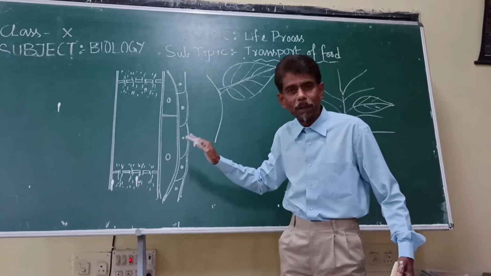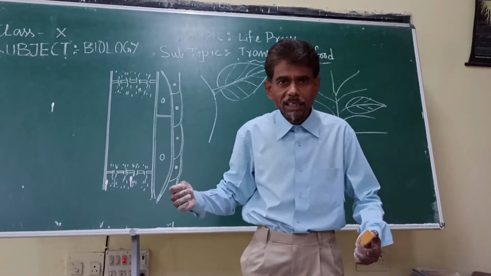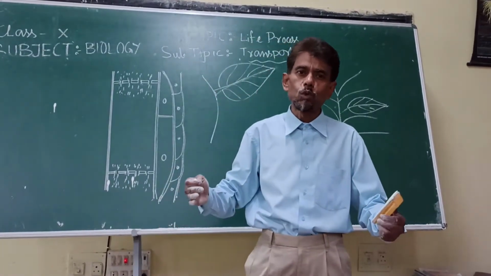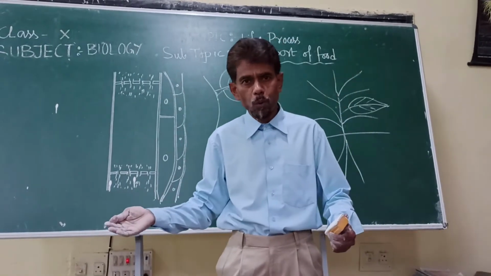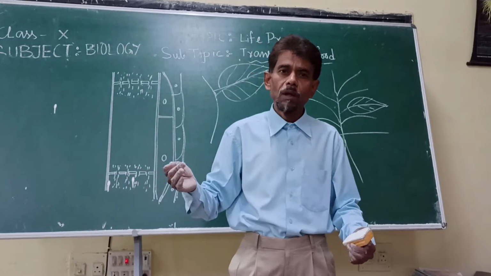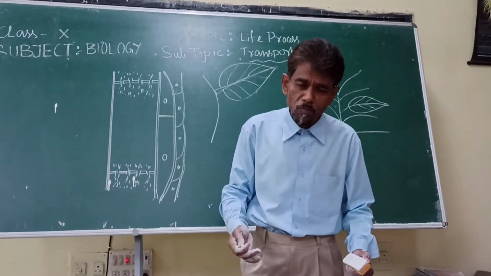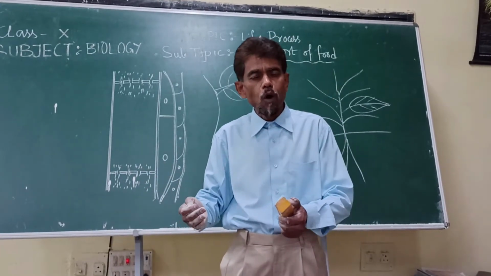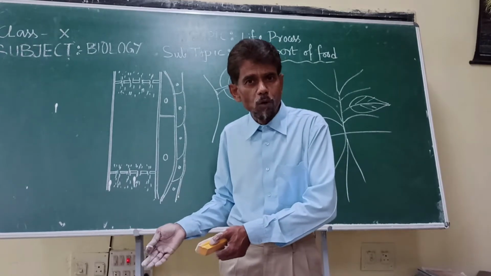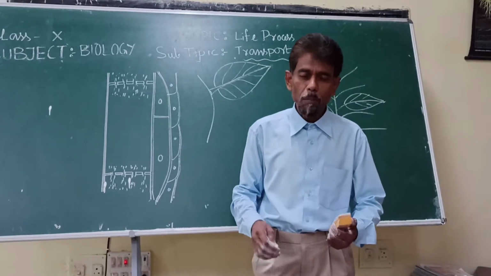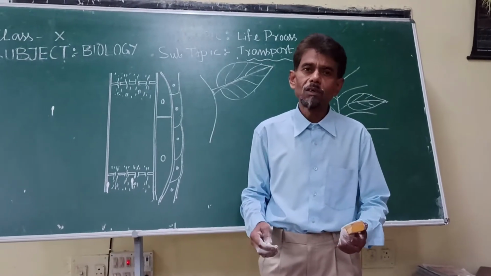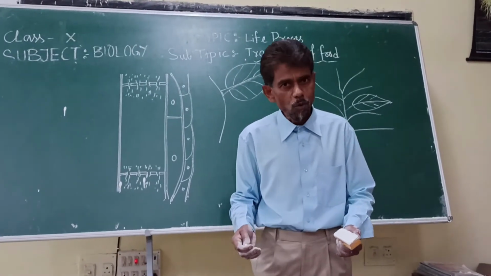whereas it has to support all parts of the plant body, especially the excess amount of food, which is stored either in the fruit, or in the modified underground stem, or in the modified root itself. As you see, in the case of radish, the part we take is a modified root.